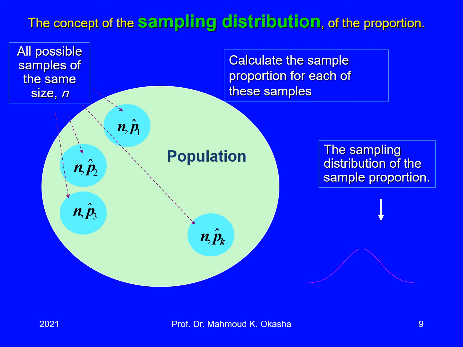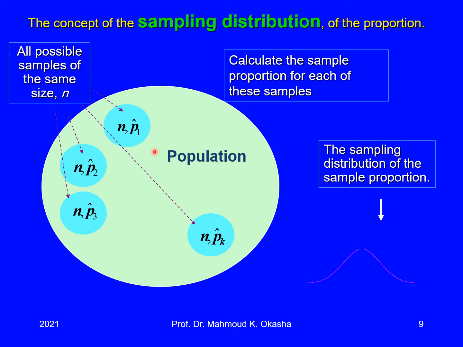We have p1 hat, the proportion of the first sample, p2 hat of the second sample, p3 hat of the third sample, and pk hat is the proportion of the kth sample. And we have k values of p hat.